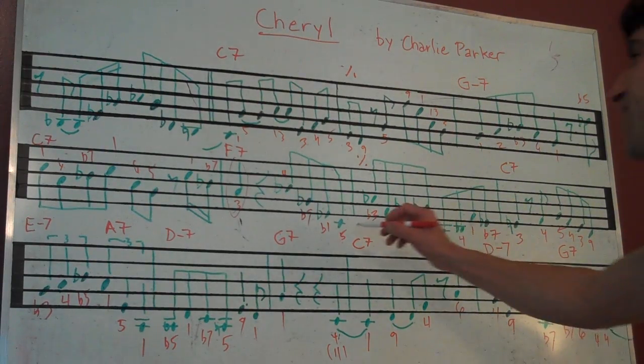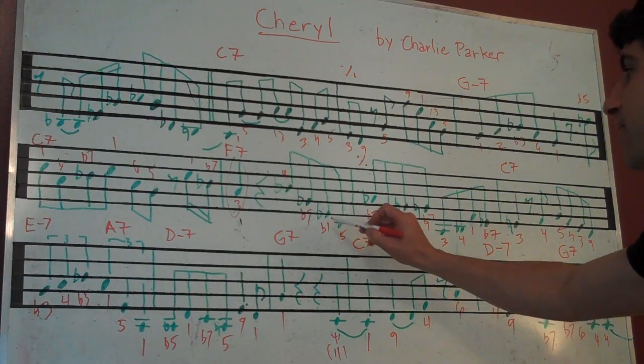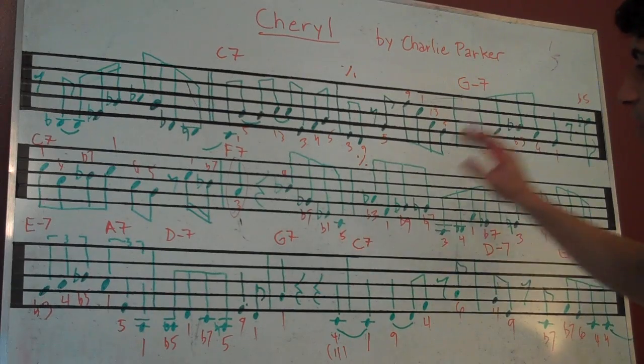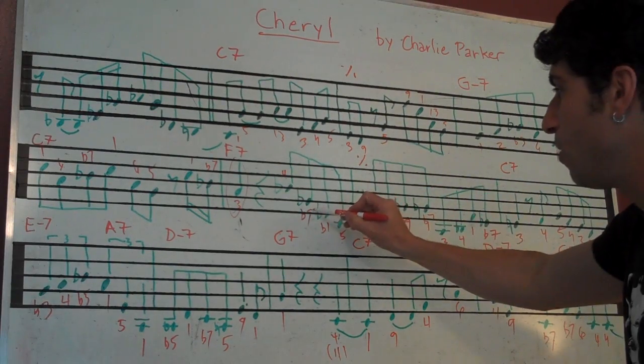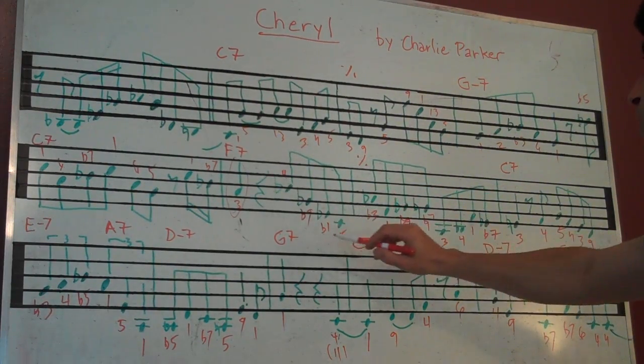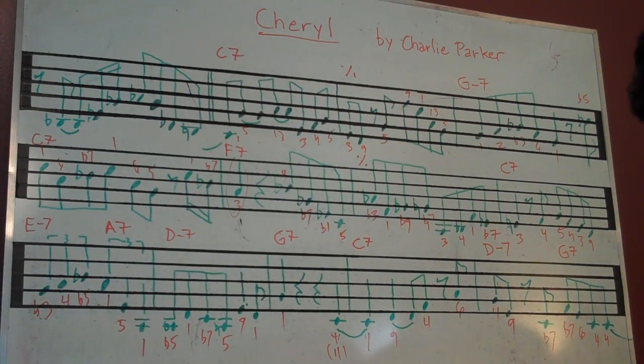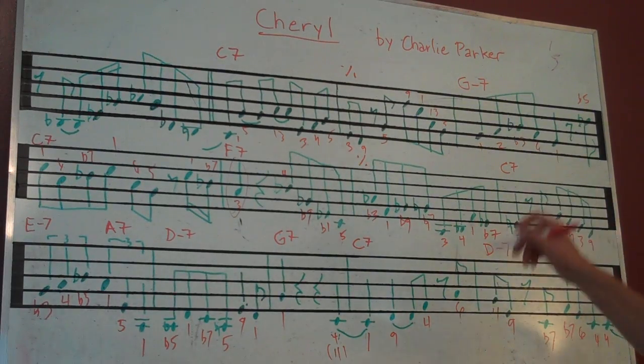And he's got a lot of very unique ideas about extensions with these notes. You know, he's got flat 9 in here, a very hip sound for the day. It's probably late 40s, maybe early 50s, something, when this was recorded.